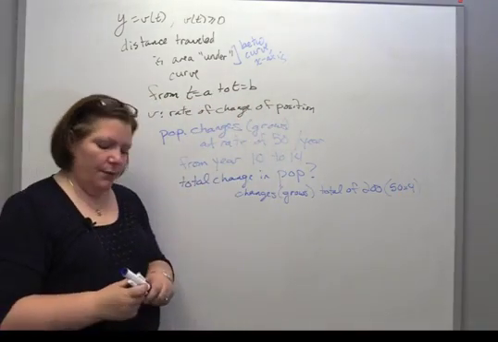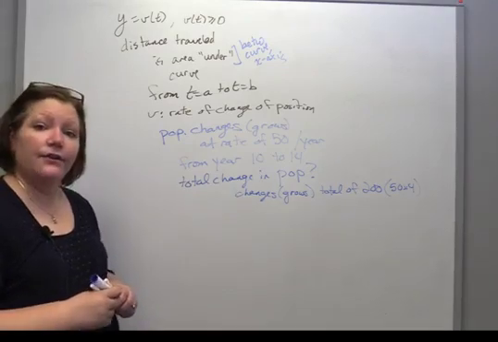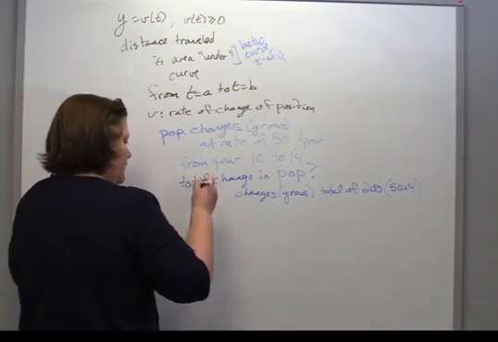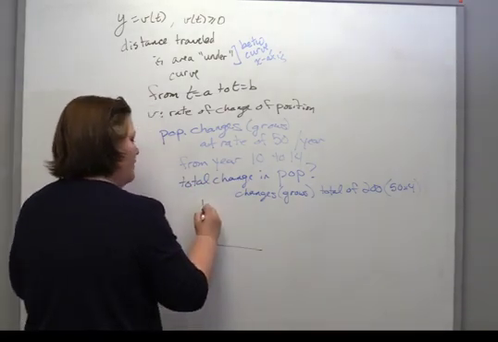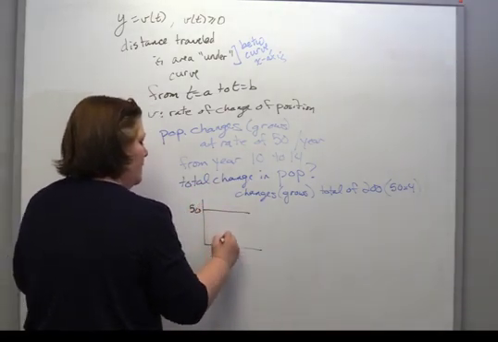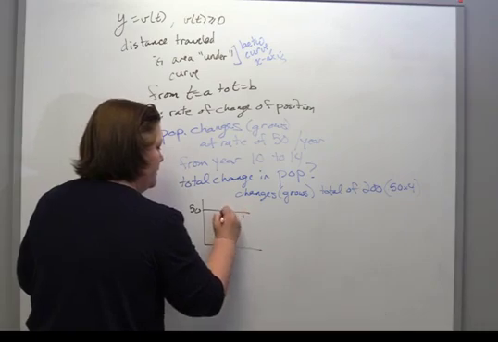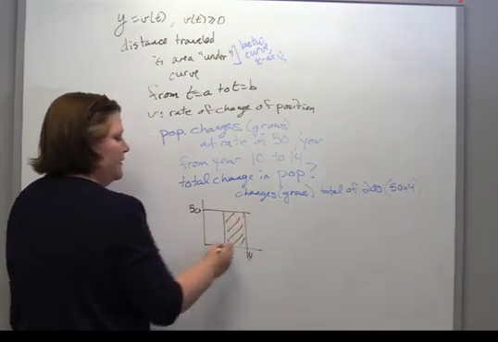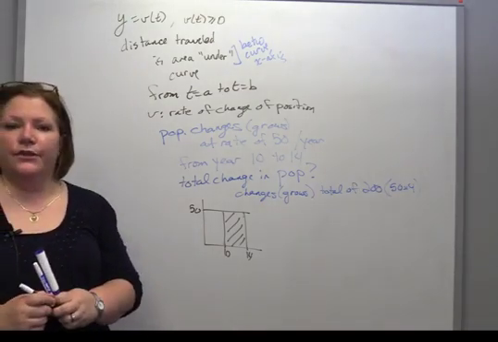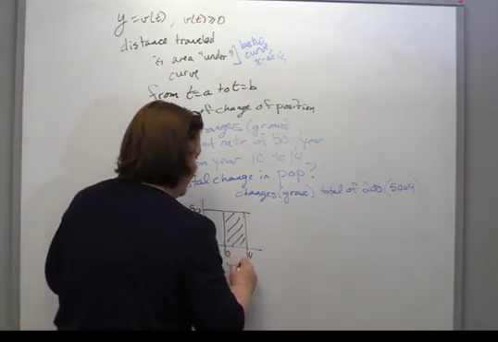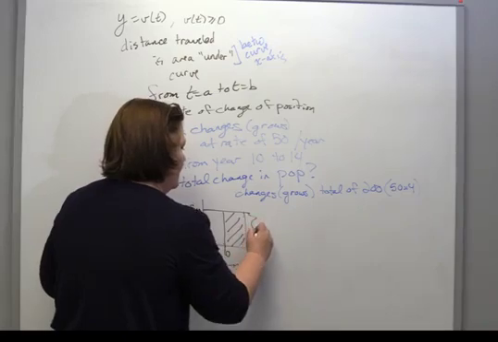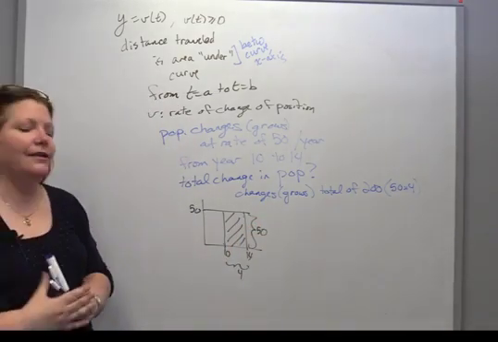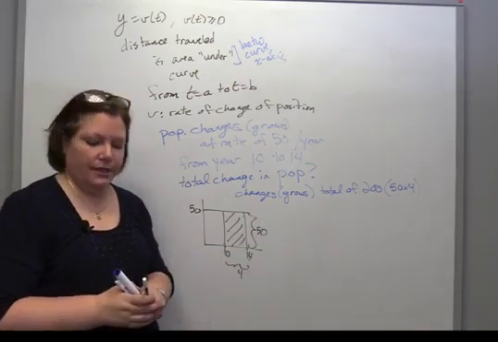And that's really what we're doing, area under the curve again. We have 50, going from 10 to 14, to get the area to be 200. So we have width 4, height 50. The total change in population in that amount of time was 200.